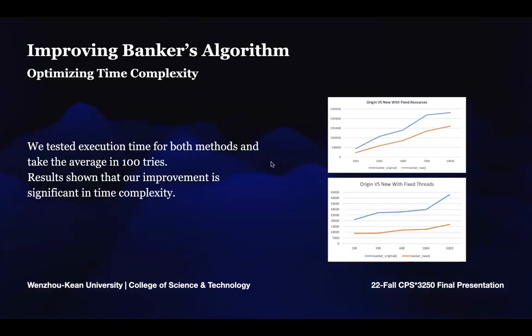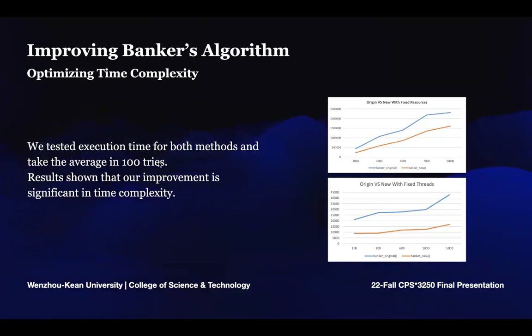Now, we got the result about the two algorithms. As we can see, the orange line is always lower than the blue line, which means our algorithm has optimized a lot.